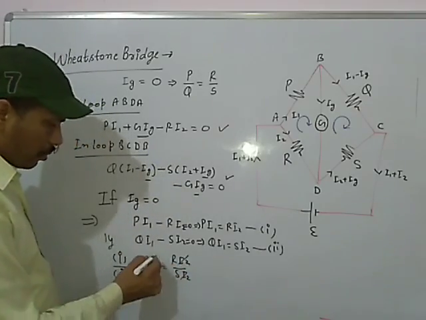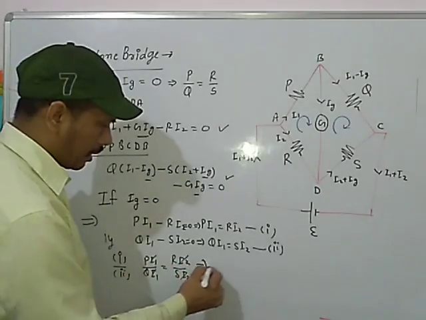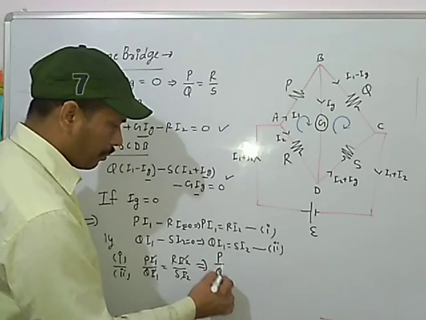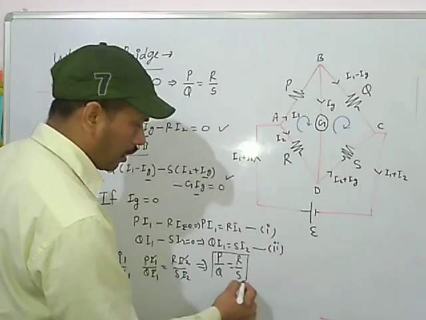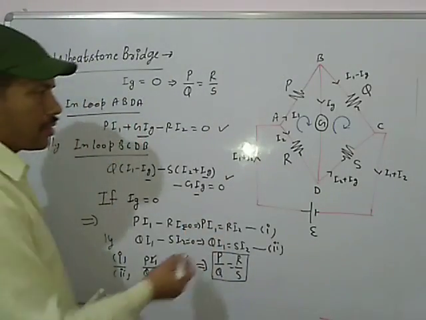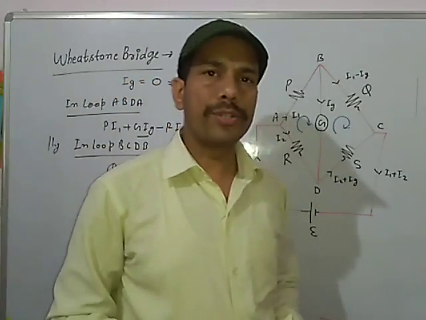Now I2 and I1 cancel out, so what remains is P upon Q is equal to R upon S, which is the required solution, the principle of Wheatstone bridge.